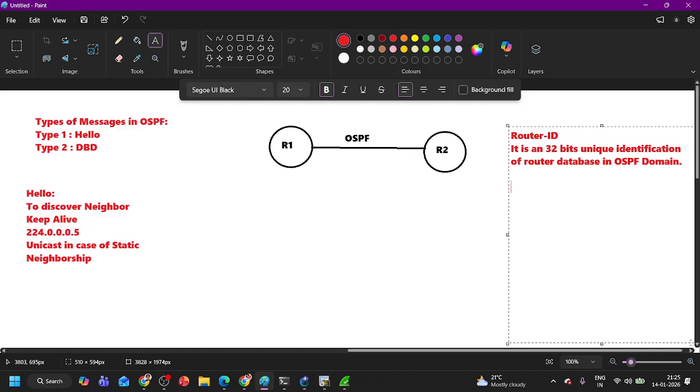Router ID plays a very big role in OSPF, and there are two ways to assign a router ID on a router. First, manual, like here you have seen how I manually configured the router ID on the router.